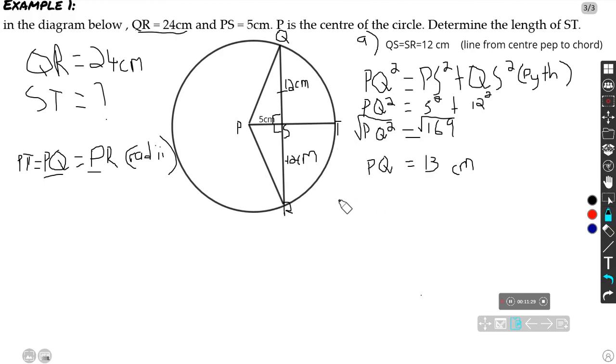Now we can find PT. Since PQ is a radius, PT is a radius, PR is a radius, what do we know about radii? They are equal in length.